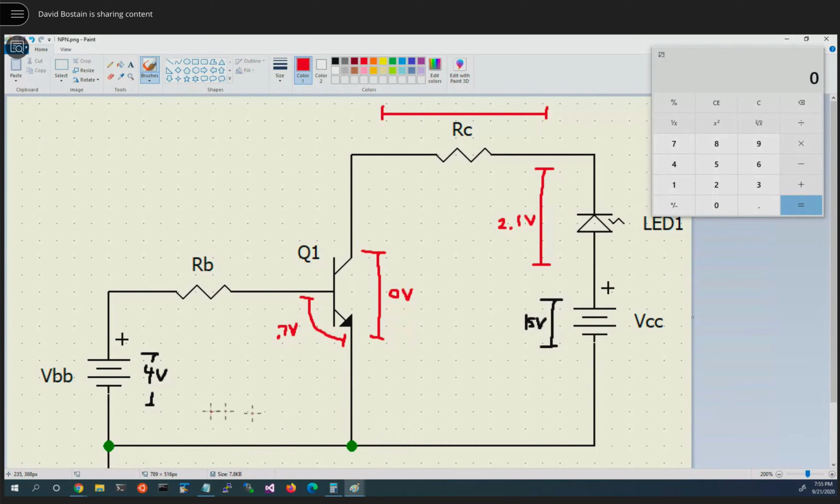So we know that all three of these points right here are at 0 volts. So by the time we get to here, we're at 15 volts. You put in the chat what voltage we're at by the time we get here.